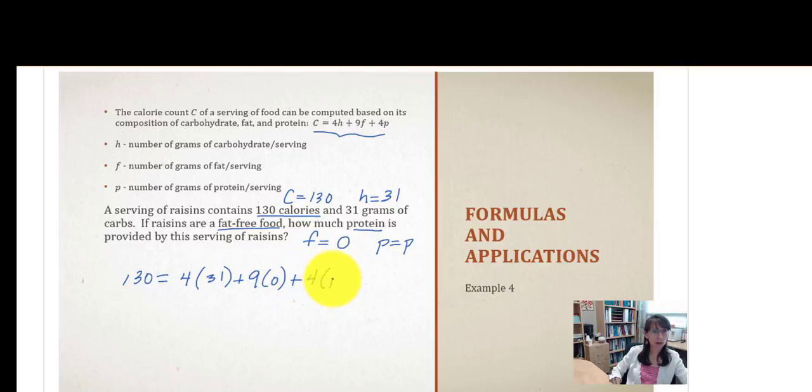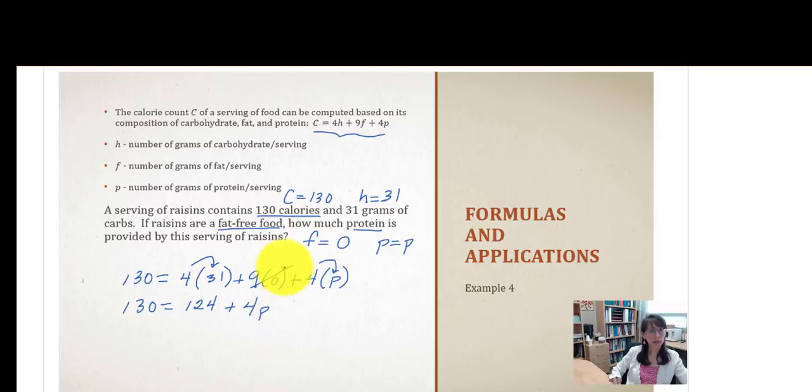And protein we don't know, so that's 4 times P. If we simplify this a bit, we'd have 4 times 31, and that's 124. 9 times 0 would be 0, so we don't need to write that. And finally, 4 times P is 4P.